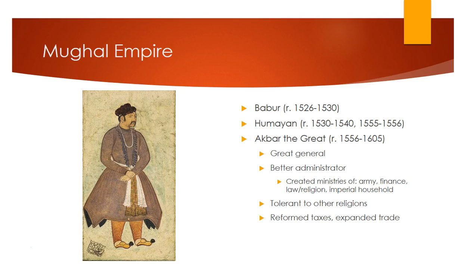One that oversaw law and religion, so they would make sure that the laws were set and that they were being properly implemented, and also watched over the religious practices. And finally, there was also a ministry of the imperial household, which, besides just the palace and the family around Akbar, also controlled the infrastructure of the Mughal Empire.